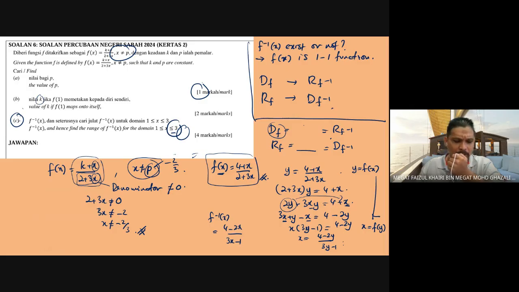You substitute x equals 3 into f inverse so that we know the range of the function. 3 times 3 equals 9 minus 1 is 8. So to find the range of f inverse for this domain, you substitute x equals 1 and x equals 3 into the function of f inverse, then you get the range between what and what.